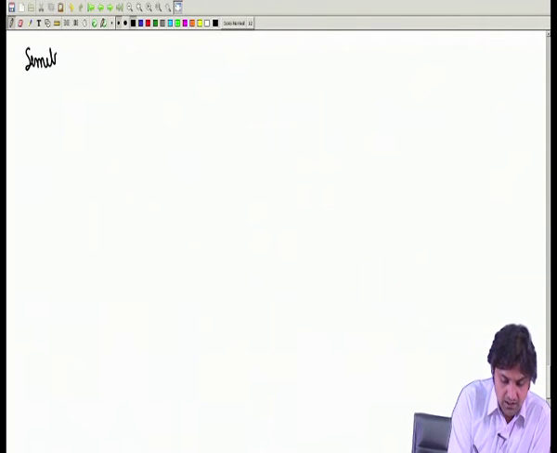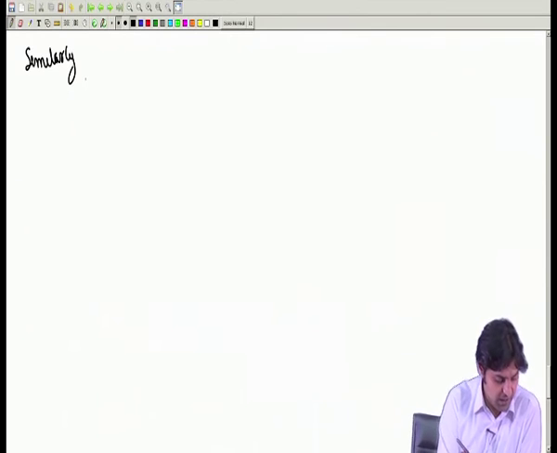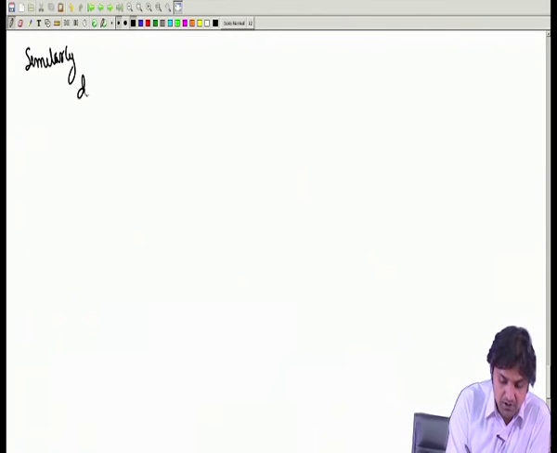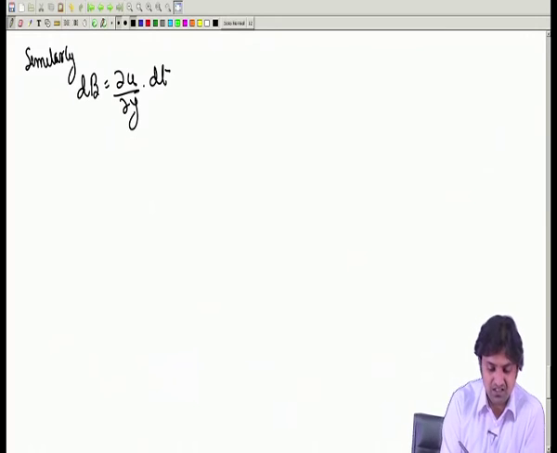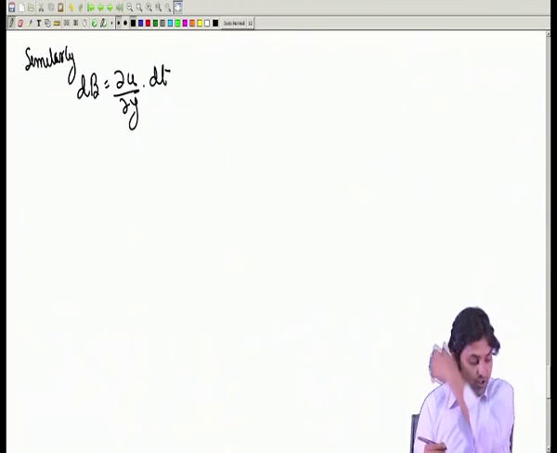Similarly, the way we obtained d alpha, d beta is also going to be del u by del y into dt. This is another important result.